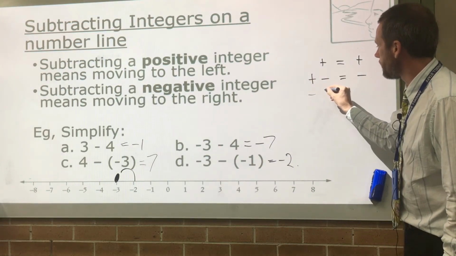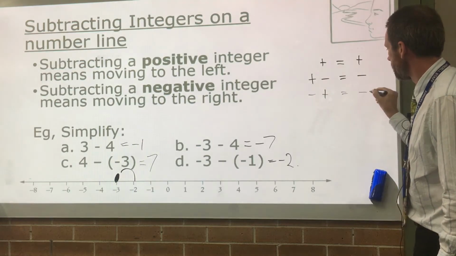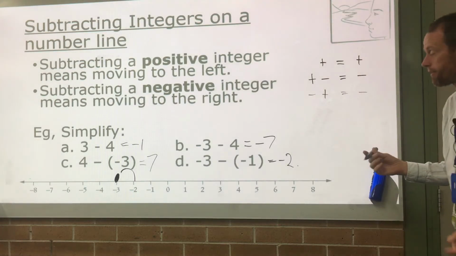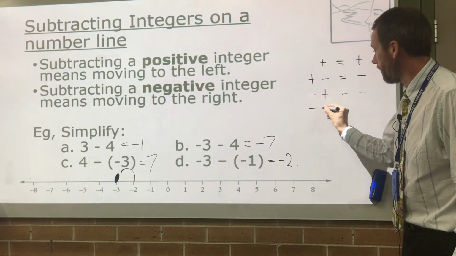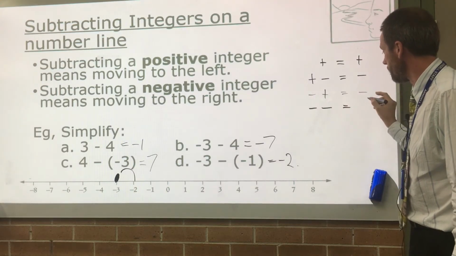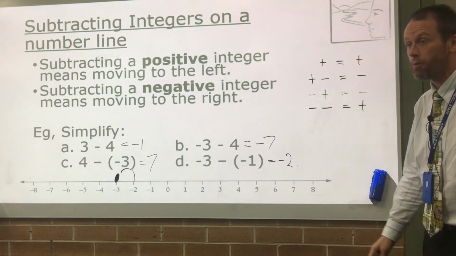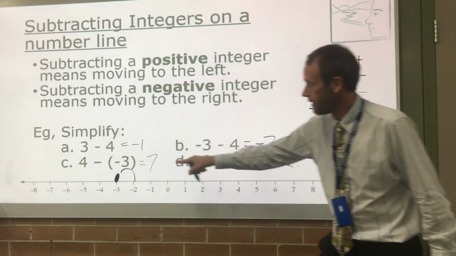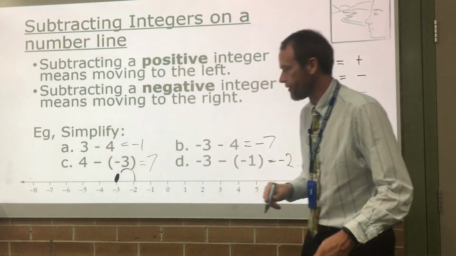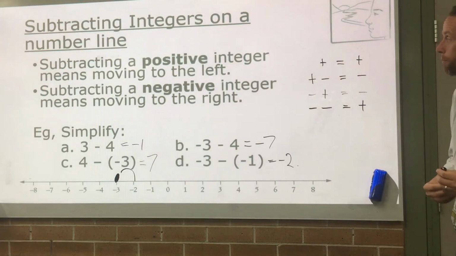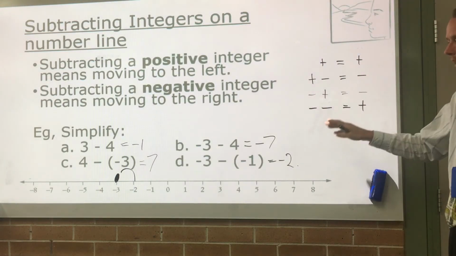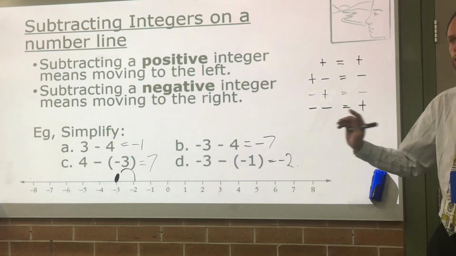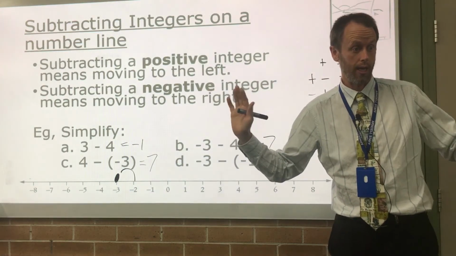If I have a negative and a positive, it's the same as doing a negative. But what we've seen today, if I have a negative and a negative, it's like I'm doing a positive. So when I had minus negative, I actually added it. Minus negative, I add it. Maybe that might help you. It's a shortcut, but understand it's got to do with what direction we're going in.